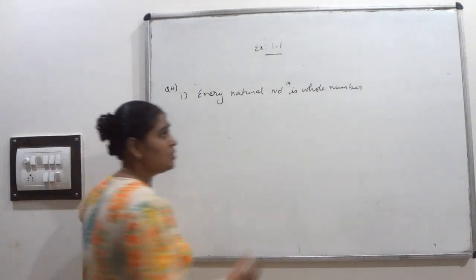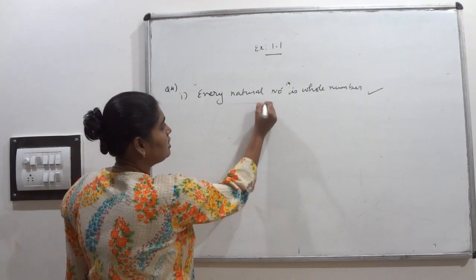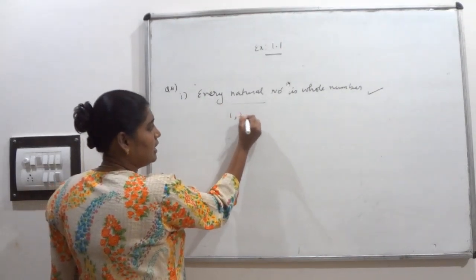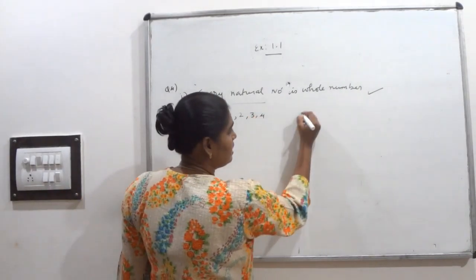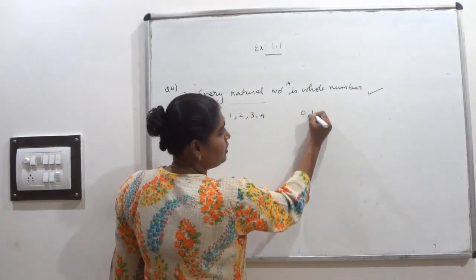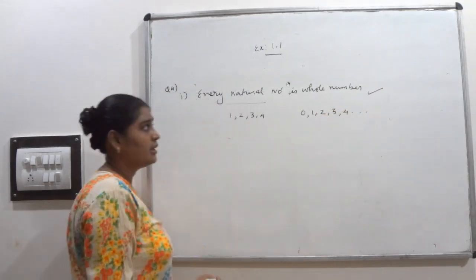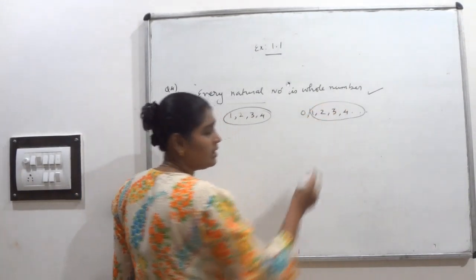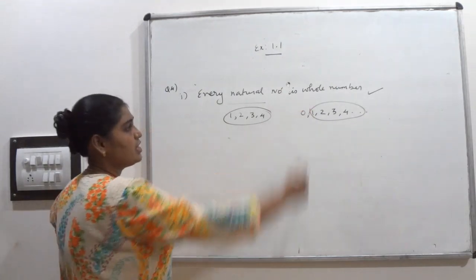Definitely it is right. Why? See, do you know what natural numbers are? Those numbers start from 1, 2, 3, 4 like that. And whole numbers start from 0, 1, 2, 3, 4 like that. See, check that. Every natural number is in whole numbers. Yes, definitely all the natural numbers are in whole numbers. That's why this statement is true.